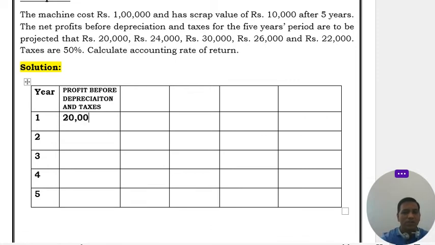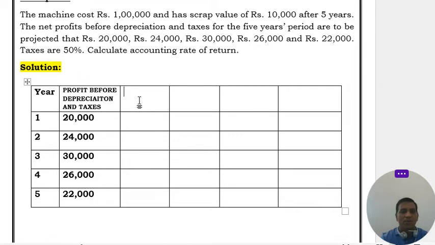Year 1 20,000, year 2 24,000, year 3 30,000, year 4 26,000, and year 5 22,000. This is profit before depreciation and taxes. I mean both depreciation and taxes are included.